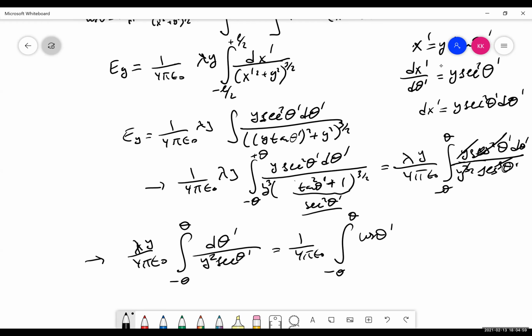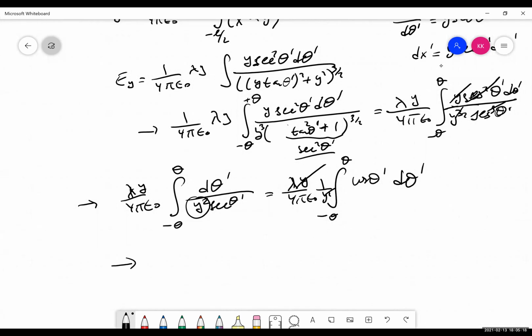Remember, I already had lambda times y. Now I take out y squared, and this y squared will cancel out with that. And then what I have here is the integral of cosine theta prime d theta prime. You can see that I just simplified my equation into just the integral of cosine theta.